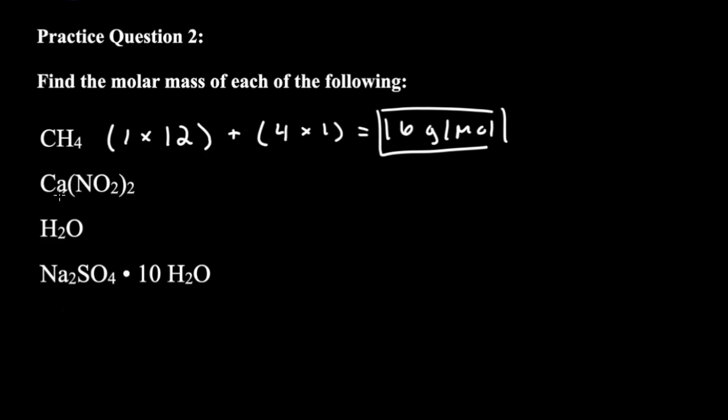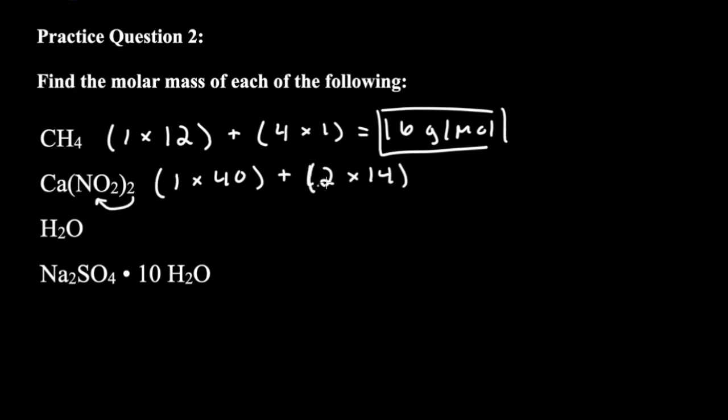For this one, you want to say that you have 1 Ca, so we'll put a 1 down, and then times the mass of just one of them, which is 40, so you'll put 40 down. Then you want to add that to the 2 NO2s. In this molecule, you have NO2, and you have 2 of them. So you have a total of 2 Ns, and N on the periodic table is going to be 14.